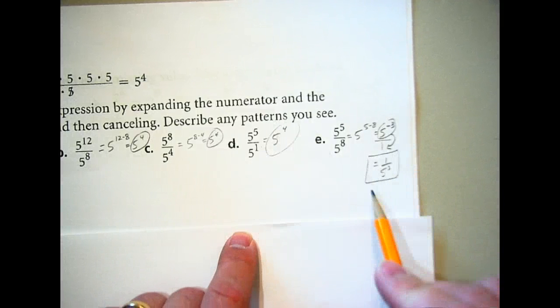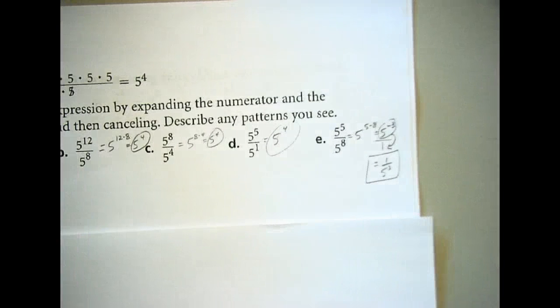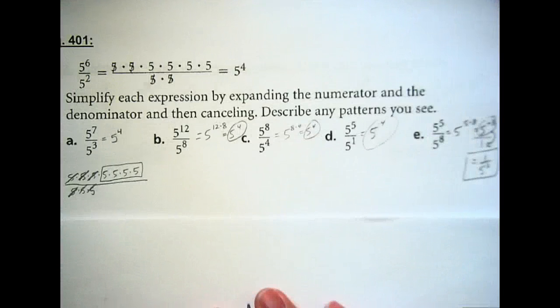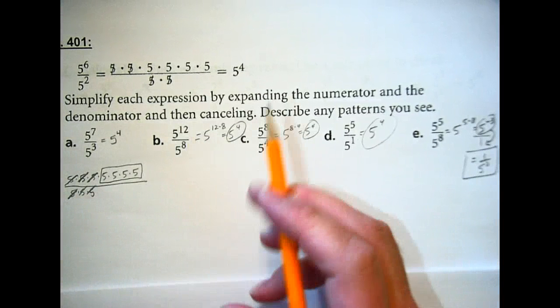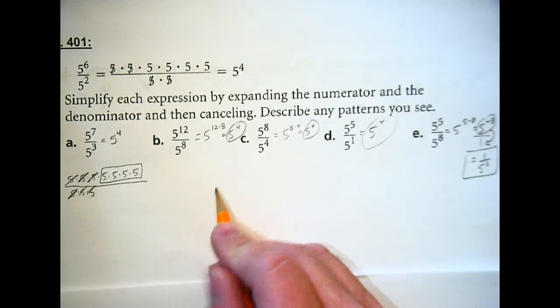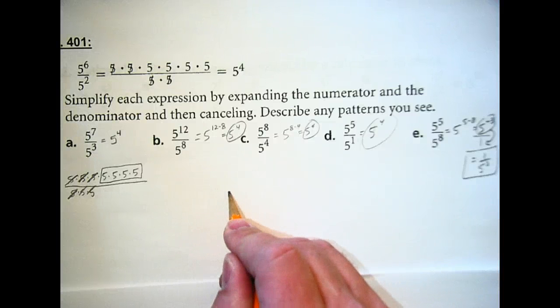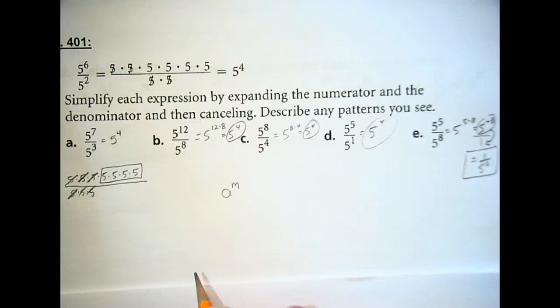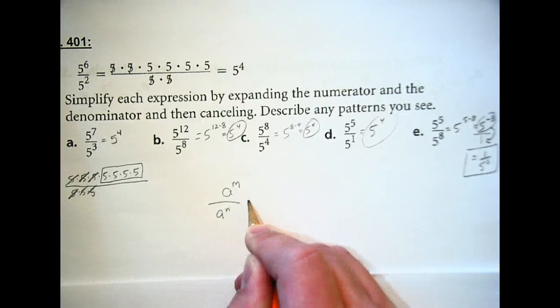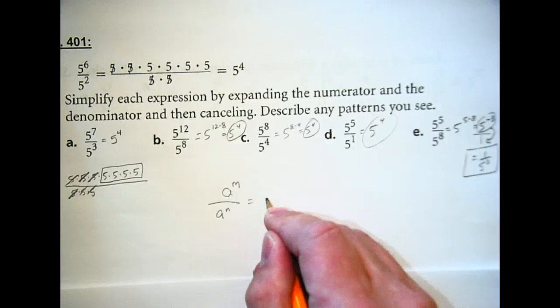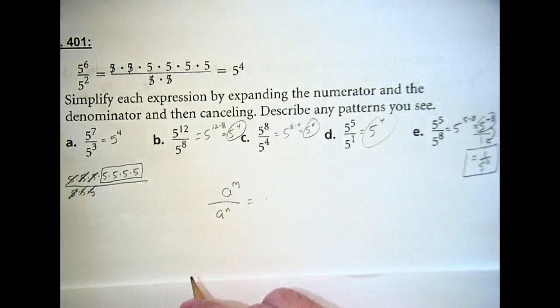What is the pattern they're talking about? Volunteer. What are you doing every time the same in that problem? Yeah, subtracting the exponent. So if we have a to the m power over a to the n power, that's equal to, any volunteers?